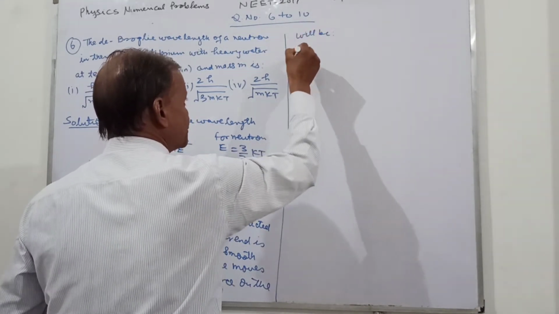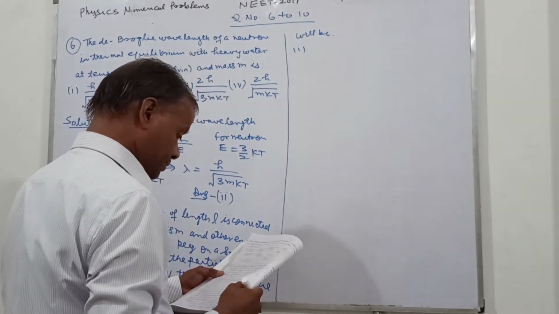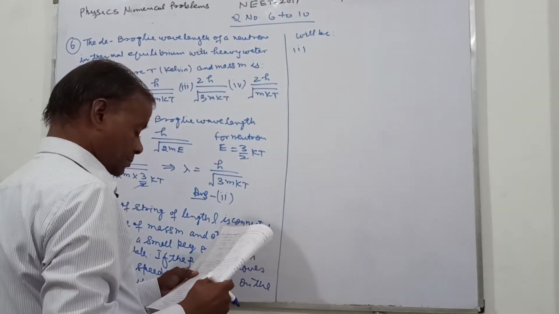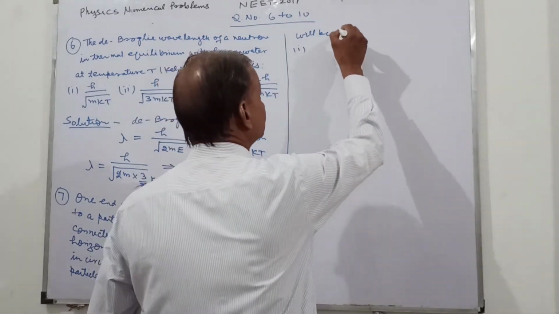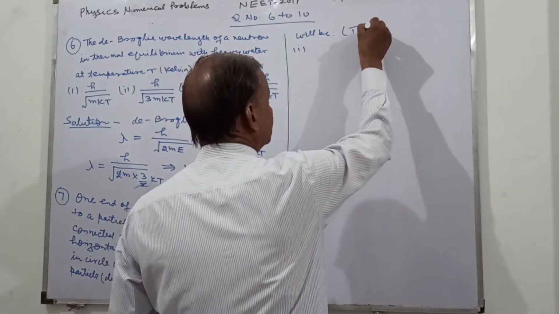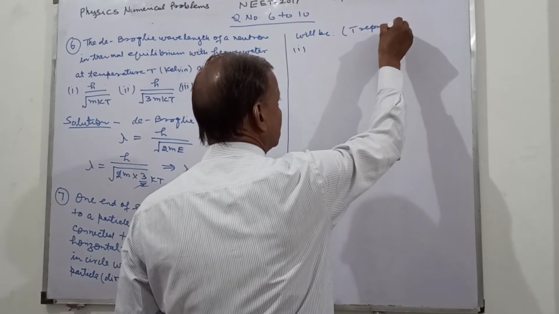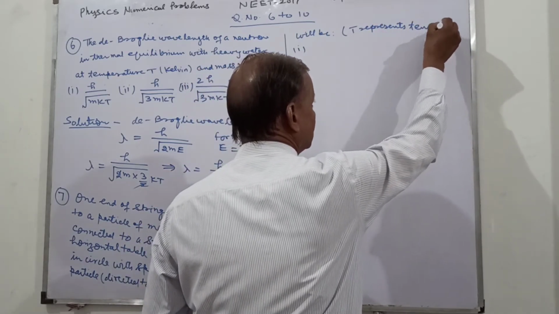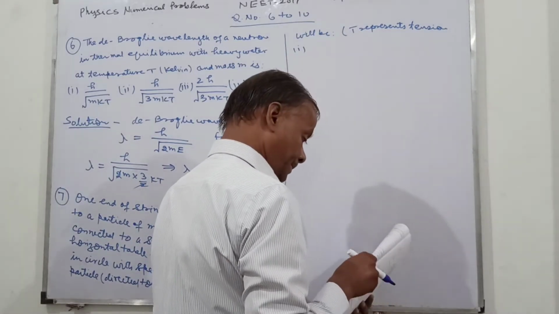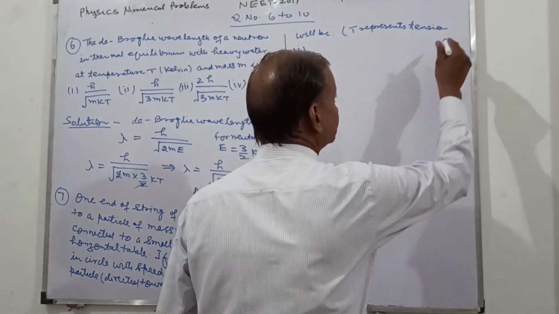Now the options. T represents the tension in the string.